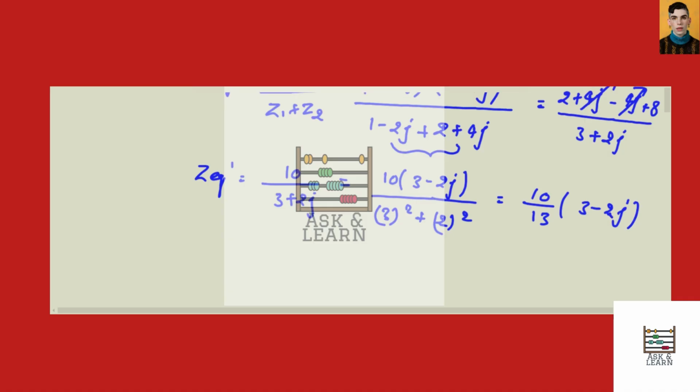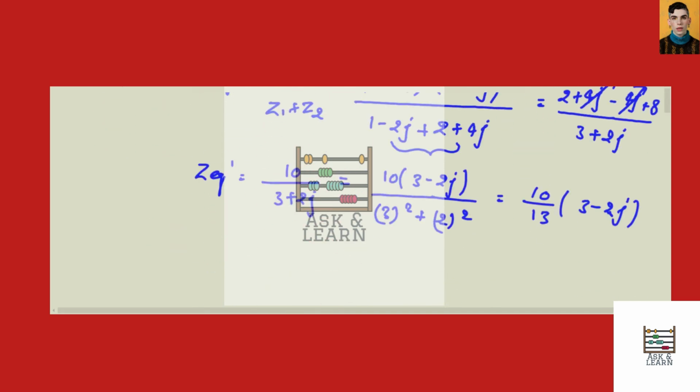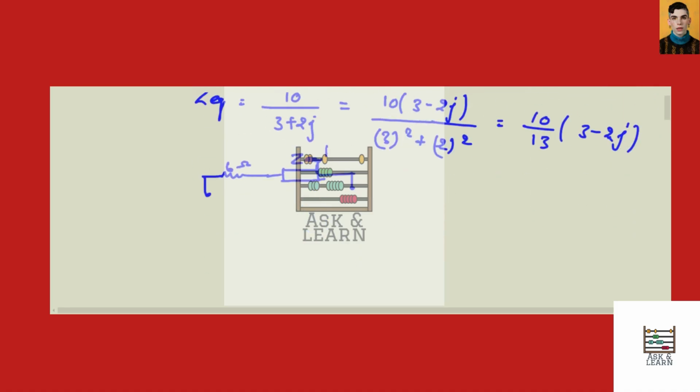So we have to find the Z equivalent. If I redraw the equivalent circuit, this is our 6 ohm and this is our Z equivalent prime. The final value of the Z equivalent will be the summation of these two. So the Z equivalent will be 6 ohm plus Z equivalent prime, which becomes 10 by 13 into 3 minus 2J plus 6 ohm.